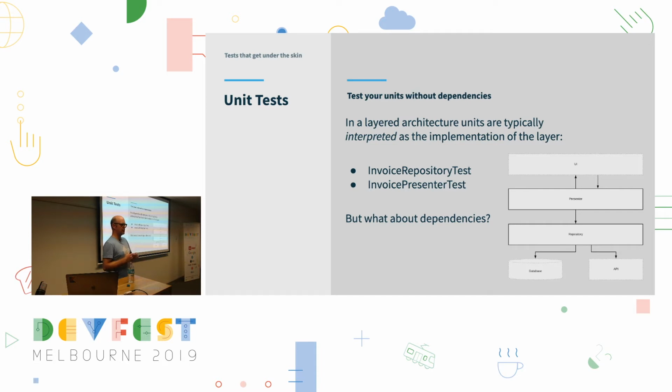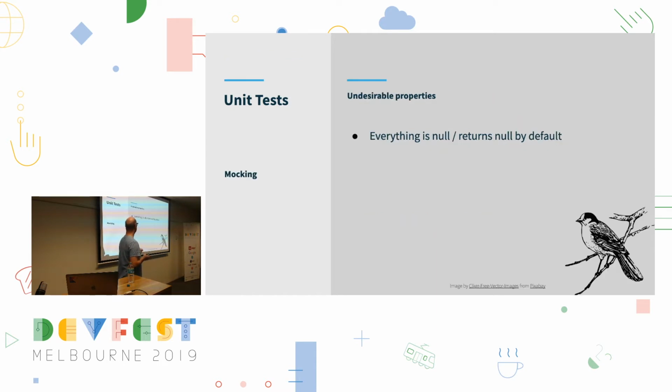And mocks, they're getting under my skin, but not in a good way. And I'm going to tell you a little bit why that is, right? So mocks seem really useful in the beginning, right? You potentially just have one function call, a factory method that creates your mock, and then you have your dependency fulfilled.